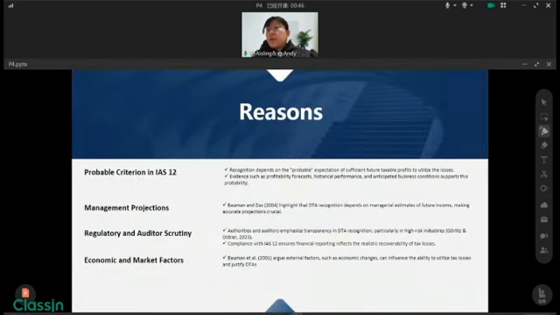The reasons can be identified as follows. The recognition of DTAs is guided by the probable criterion, which requires companies to provide convincing evidence that sufficient taxable profit will arise in future periods. The factors include expected alterations, past performance, and forecasts of corporate profitability.